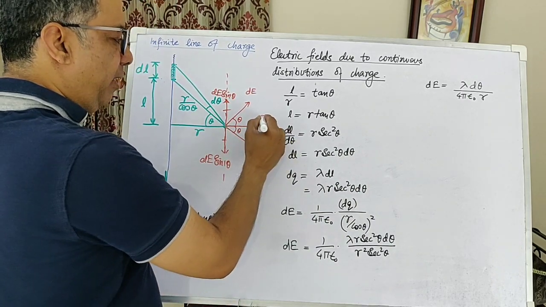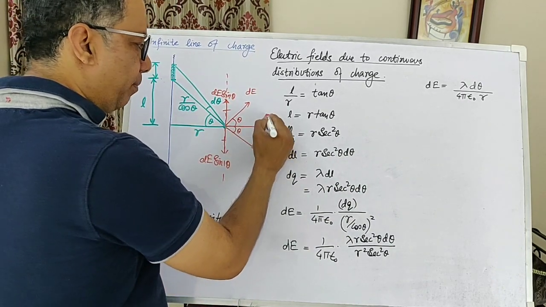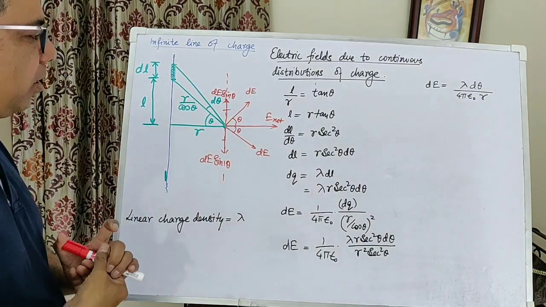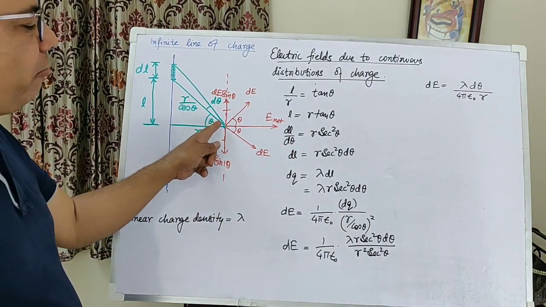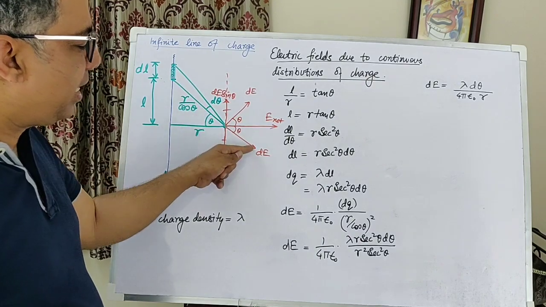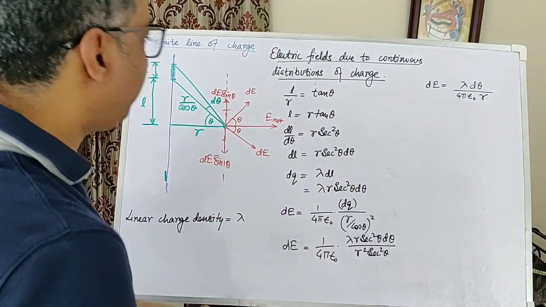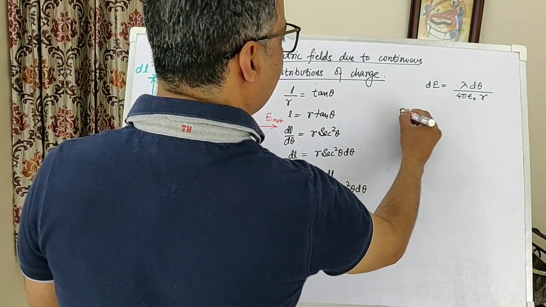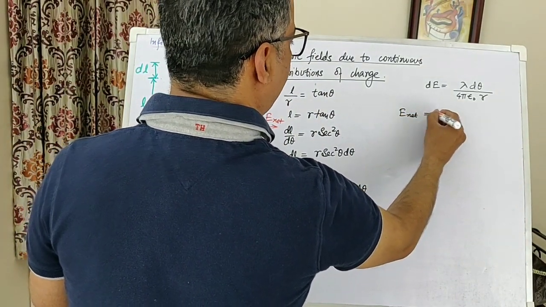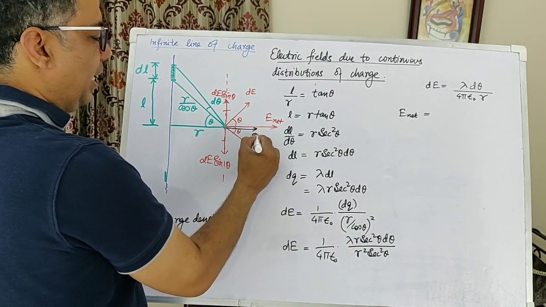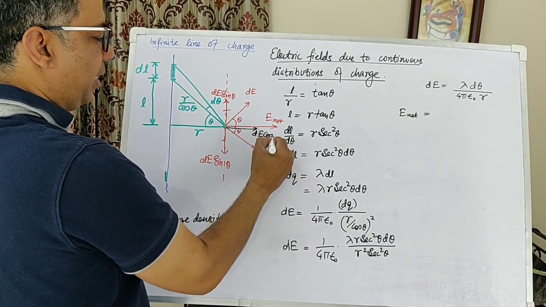The net electric field will be directed this way, E net, and this E net will actually be a summation of the component of dE in this direction. So the net electric field is now a summation of dE cos theta.